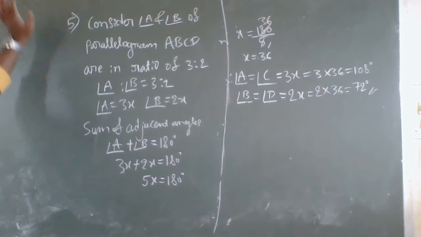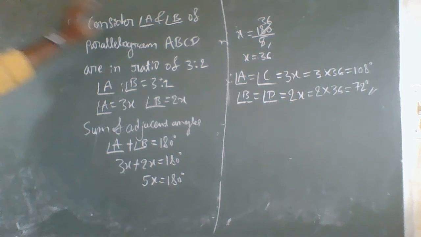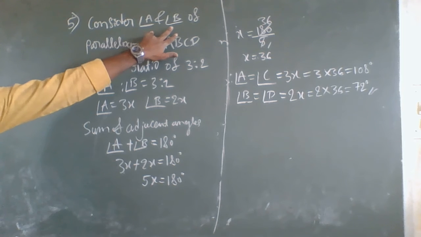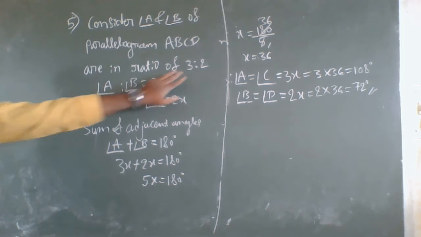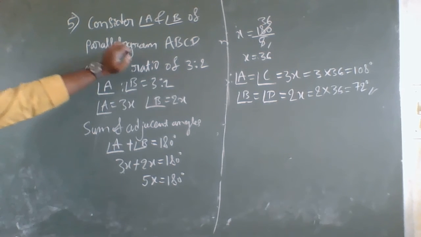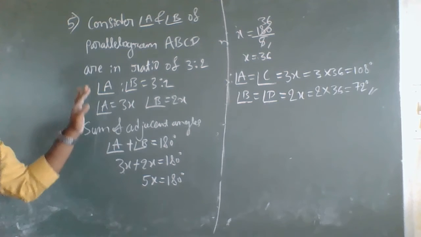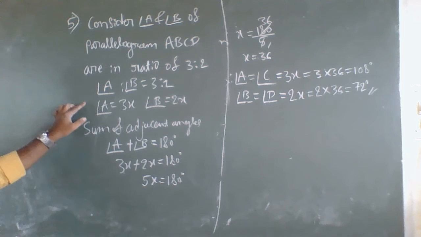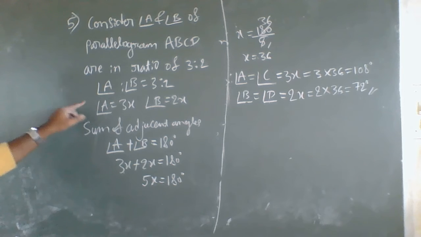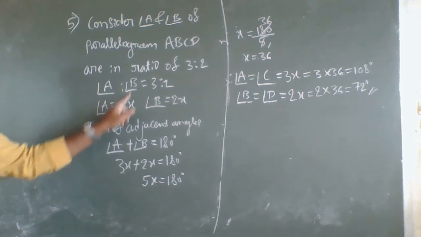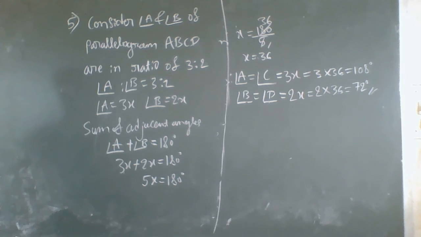See here again, what they have given: two adjacent angles. We considered angles A and B, in the ratio 3:2. So we should calculate all the angles. To calculate, first consider the common ratio: angle A as 3x, angle B as 2x.